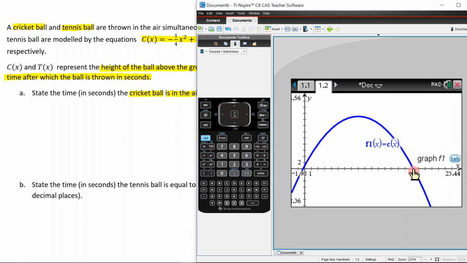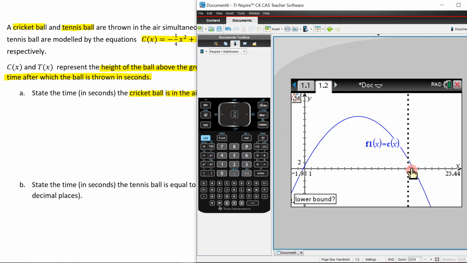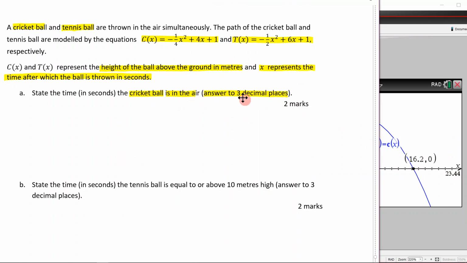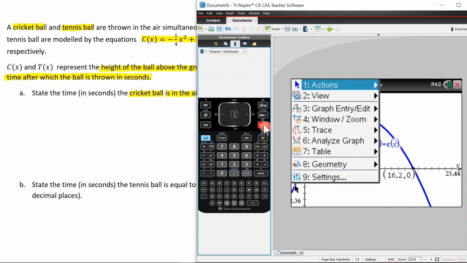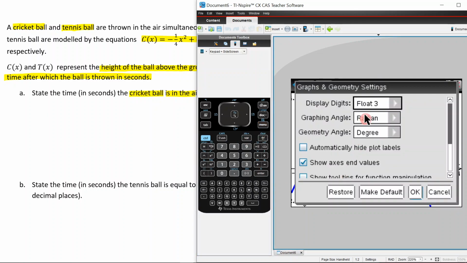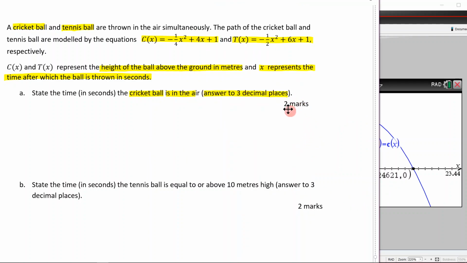So my x-intercept: menu, analyze graph, zero, from here to here. And as you can see, I'm getting 16.2. Now it's important that we recognize that it says answer to 3 decimal places. So what we would have to do here is go menu, settings, and increase our float. Let's go float 7. And now we're getting more points. So our answer is going to be 16.246.